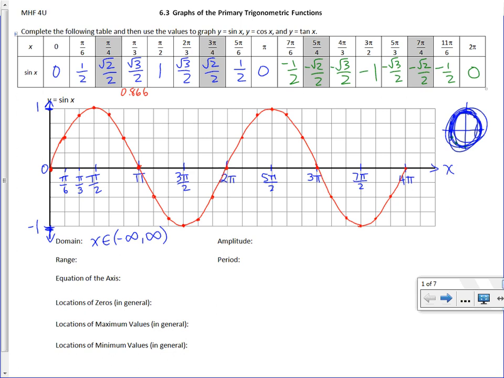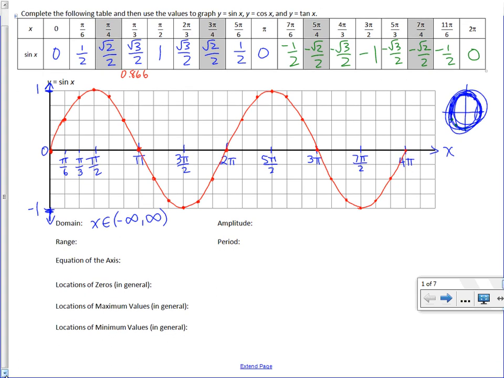What's the range of this function, guys? Between -1 and 1. Inclusive. Yeah. So what type of brackets? Square, square. Equation of axis, so that balance line, y equals 0. Okay, word from last year, amplitude.